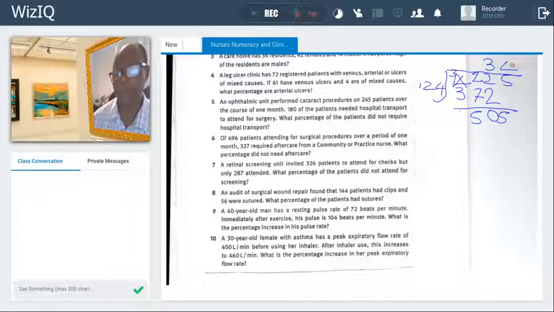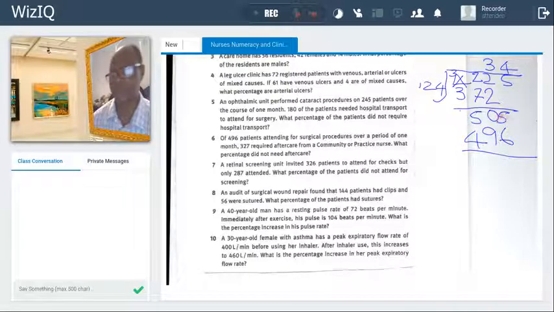Okay, 4 there. 4 times 4 is 16. 4 times 2 is 8. 8 plus 1 is 9. 4 times 1 is 4. So I subtract 5 take away 6. It's not possible. I need to borrow 1 from here, but there's nothing here. It's 0. So I'm going to go here and borrow 1.